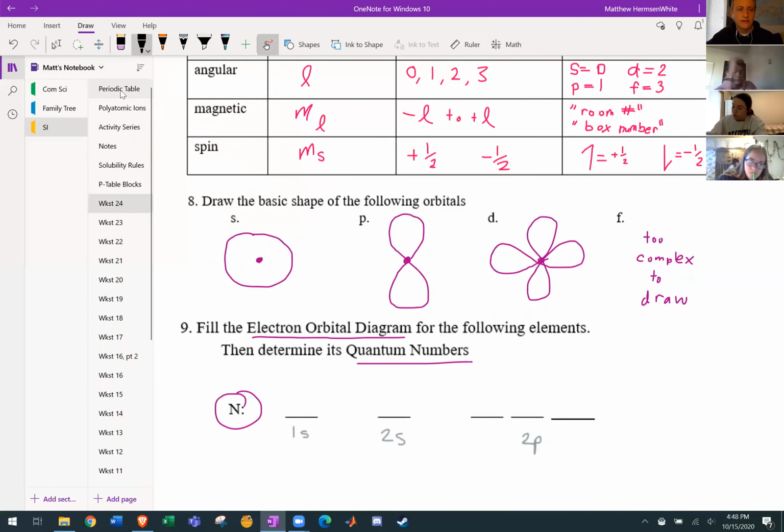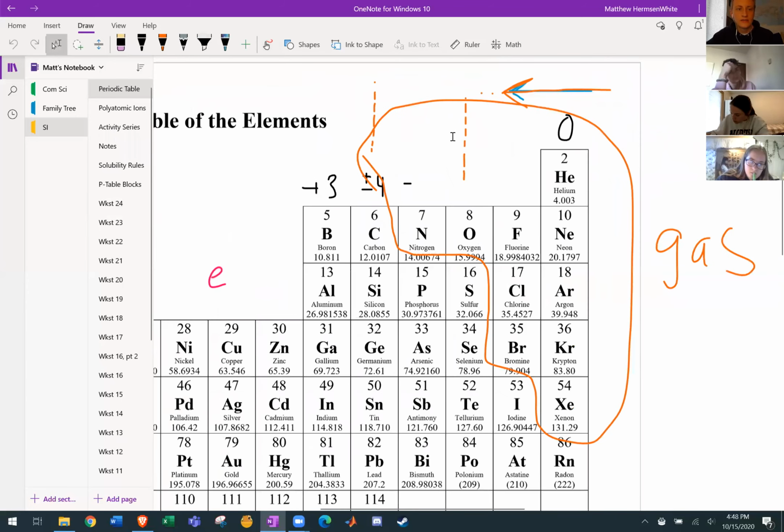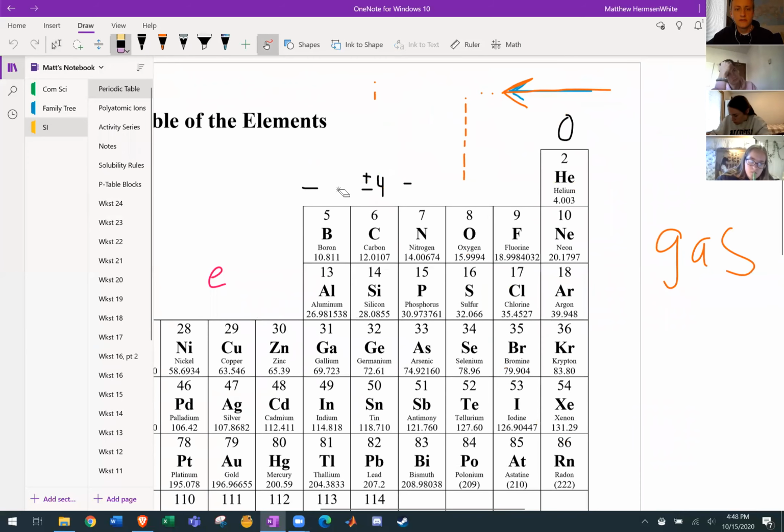I'm going to go to the regular periodic table here. So here's nitrogen. The next thing we have to do is get the number of electrons for nitrogen. Who can tell me, how many electrons does nitrogen have? 3.